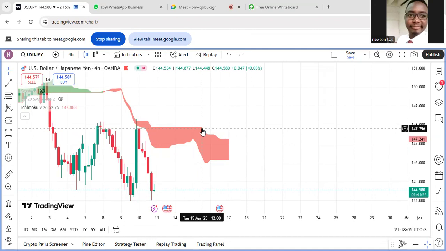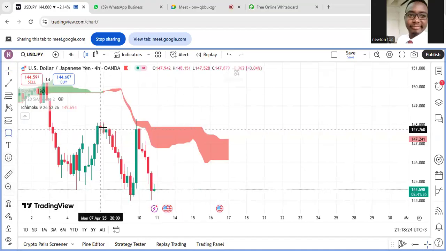You see? So long as it has touched the cloud, it's a confirmation that a reversal is imminent in the market. You can see the reversal is imminent, so you can go to a shorter time frame, look for entries, buy or sell.